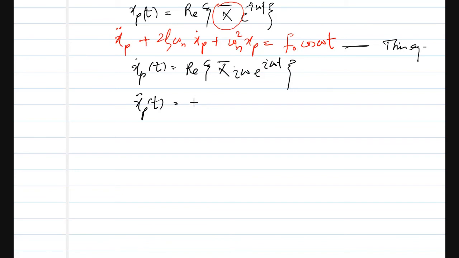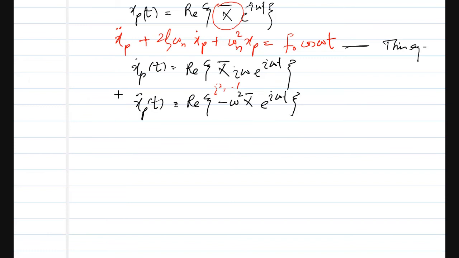It's nothing but, if you take the derivative again, it will become minus omega square x bar e iota omega t. And someone is pondering why minus comes from. It comes from iota into iota, which is iota square, and is equal to minus 1. That's why written with the minus sign.